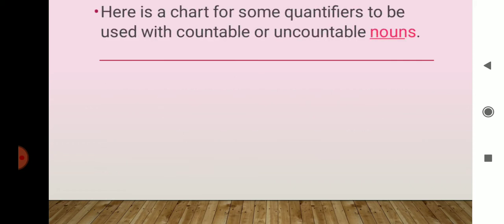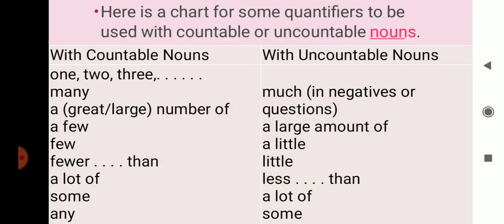Let's see. Here is a chart for some quantifiers. You can see it very well. The quantifiers that are used with countable nouns and the quantifiers that are used with uncountable nouns. So, this is the chart and try to see it very well.